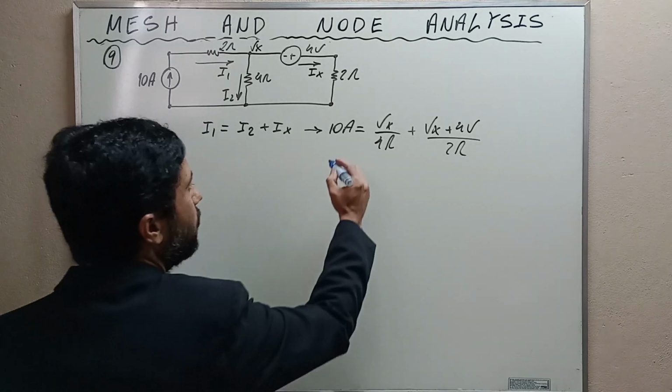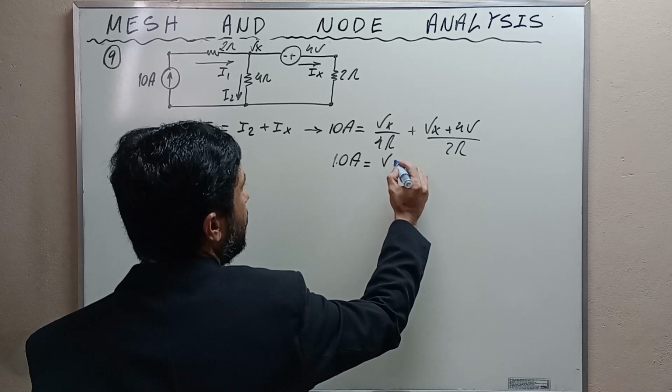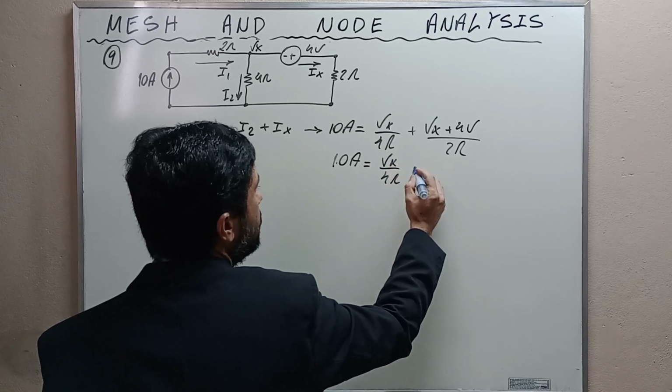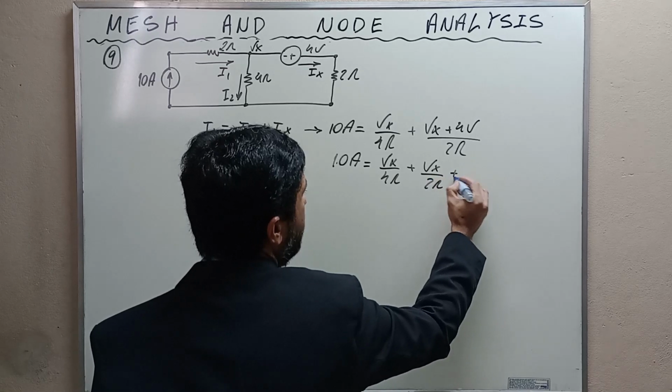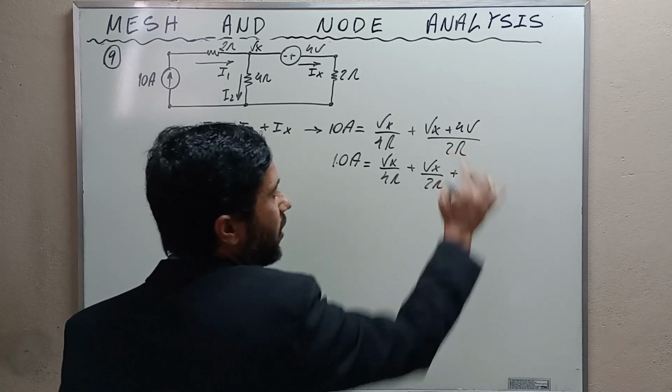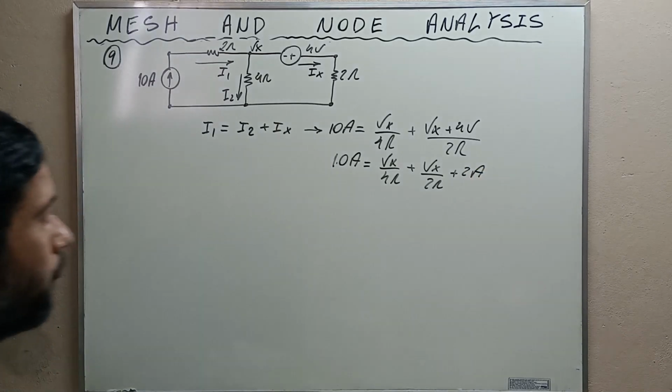We can do this. 10 amps is equal to Vx over 4 ohms plus Vx over 2 ohms plus 4 divided by 2 is 2 amps, okay?